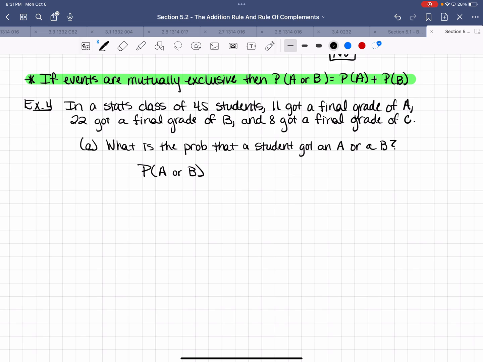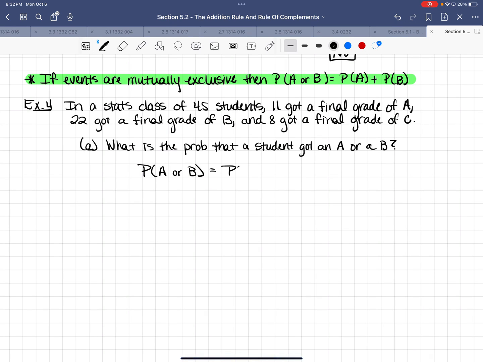Now, there are some people who, if they made a B the first time, wanted an A, and would fill out a form and retake the class to try to get an A. But at the same time, they can't get both an A and a B. When you finish this class, you're not going to get A or B on your transcript. You'll get A or you'll get B, or C or D or F or an I. So they are mutually exclusive.